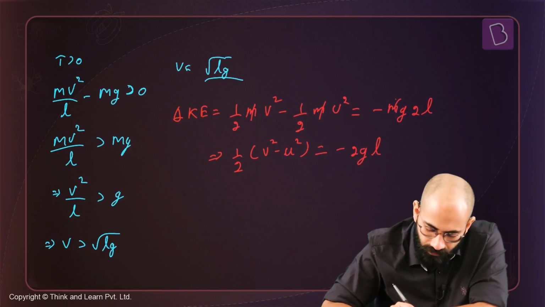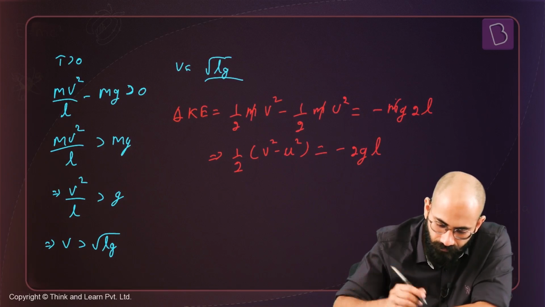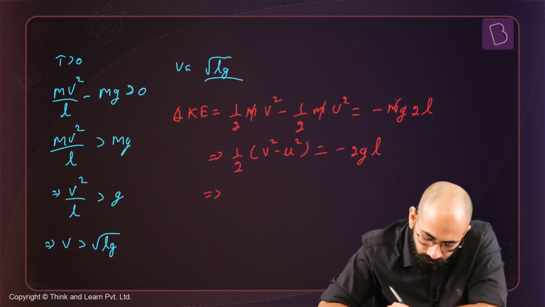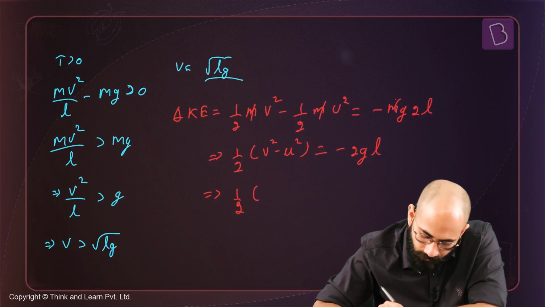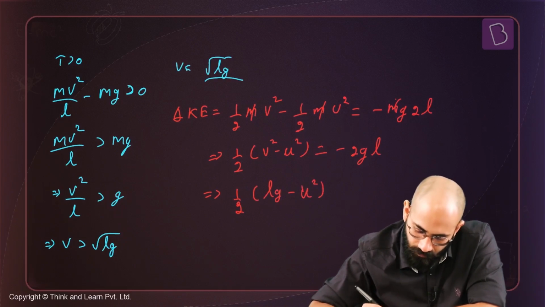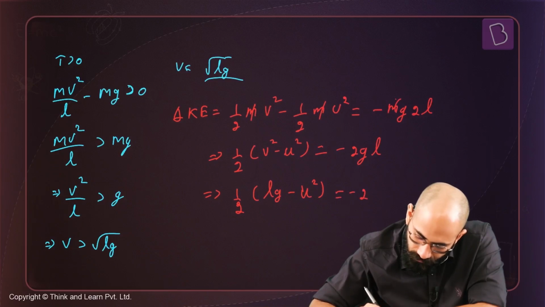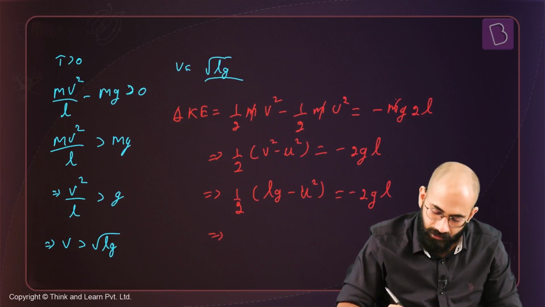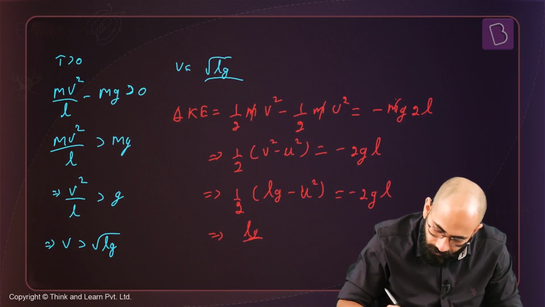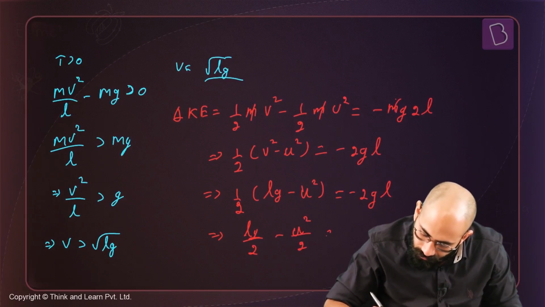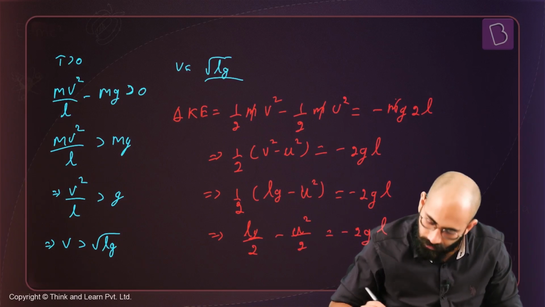So I get half into Lg minus u squared equals minus 2gL. Okay, let me just expand this to make things clear. Lg by 2 minus u squared by 2 equals minus 2gL.